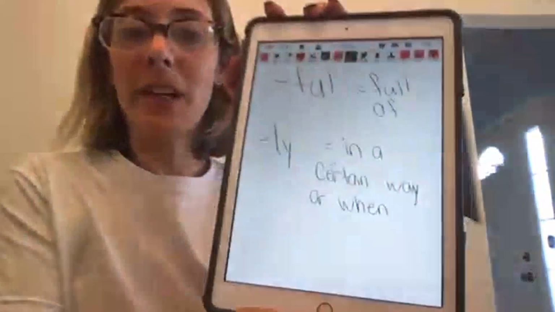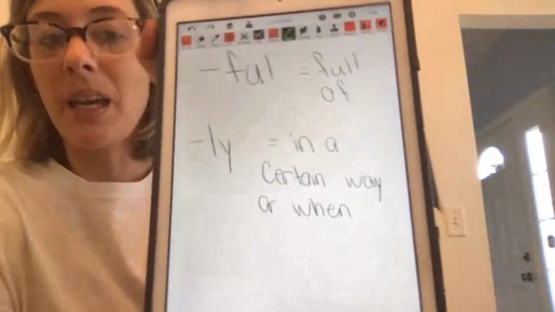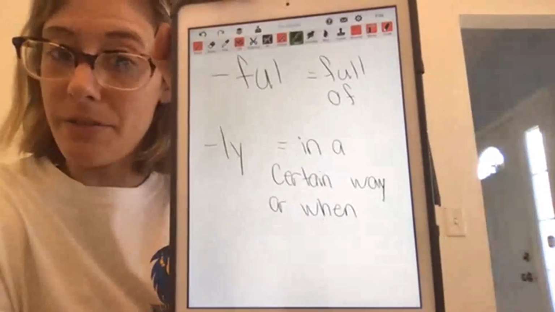So if you remember, a suffix is a letter or a group of letters that comes at the end of a word, okay, to change its meaning. Now, the two suffixes we're going to focus on today are full, F-U-L, and ly, L-Y. Okay, so when we have the suffix full, it means full of.